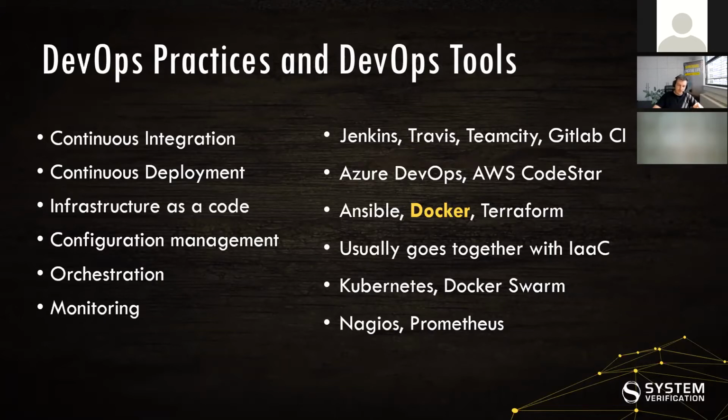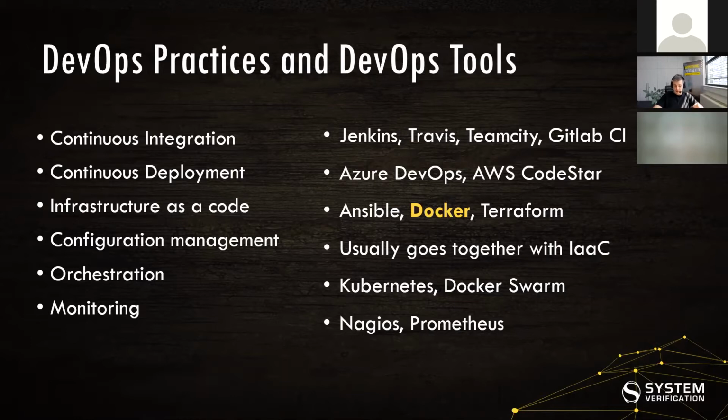For each of these DevOps practices, like continuous integration, continuous deployment, infrastructure as code, configuration management, orchestration, monitoring, you have different tools. Some of these tools are mainly for a specific DevOps practice, but they usually cover different DevOps practices together.